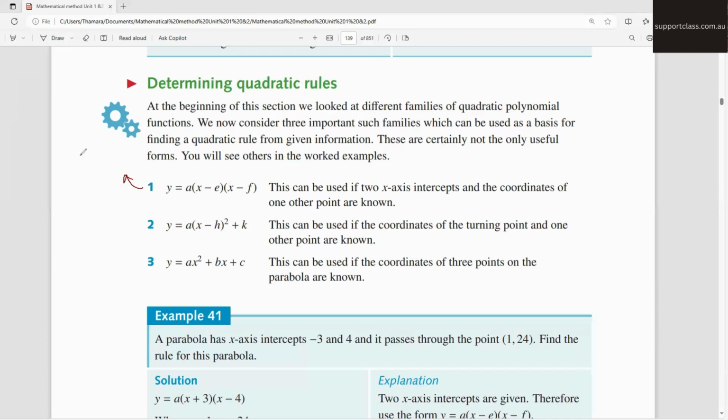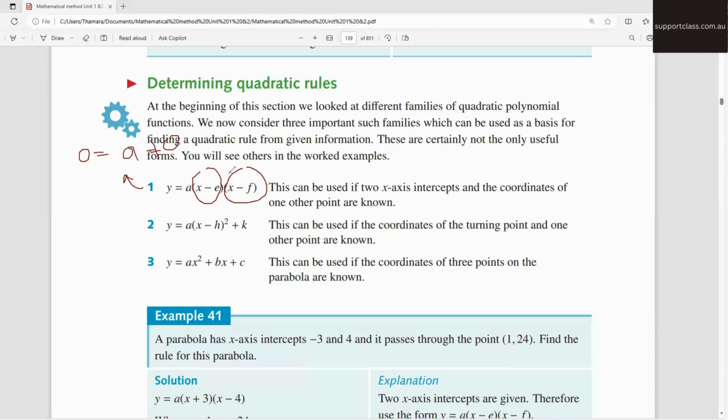If y is equal to 0, then a is not 0, it has to be that a is not 0, so forget about that option. Then either x take away e is equal to 0 or x take away f is equal to 0. So what does that mean?